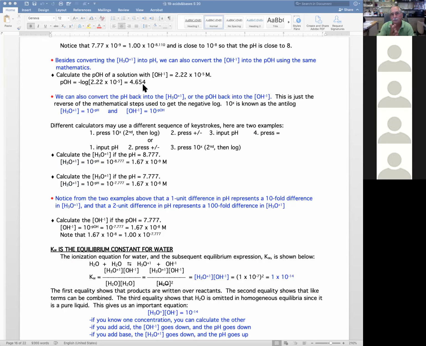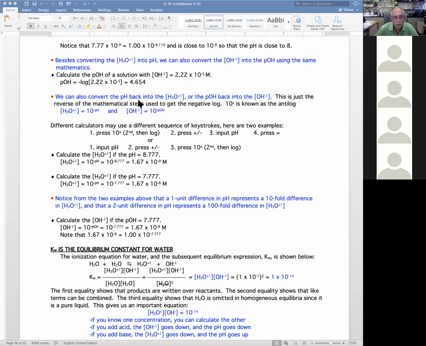So now we know how to take the Ka, turn it into the pKa. We know how to take the hydronium ion, turn it into the pH. We know how to take the hydroxide ion, turn it into the POH. But you know what? We can also reverse that.